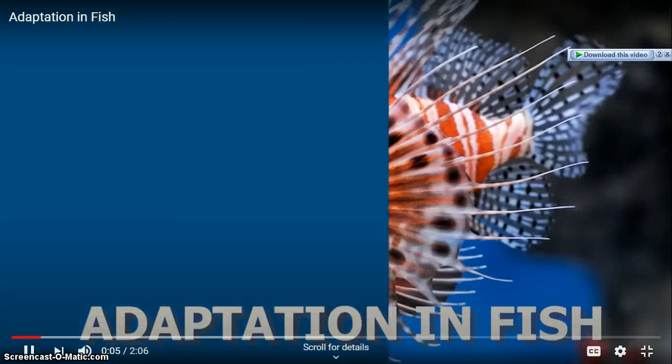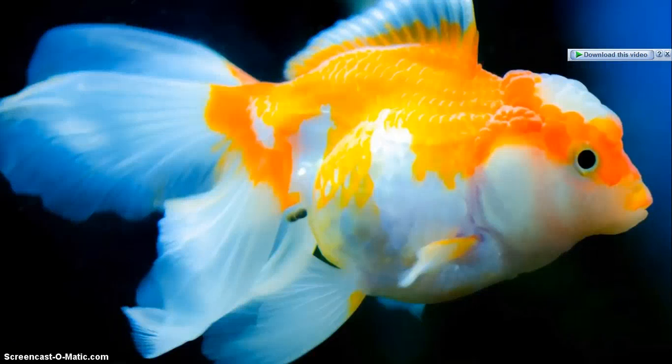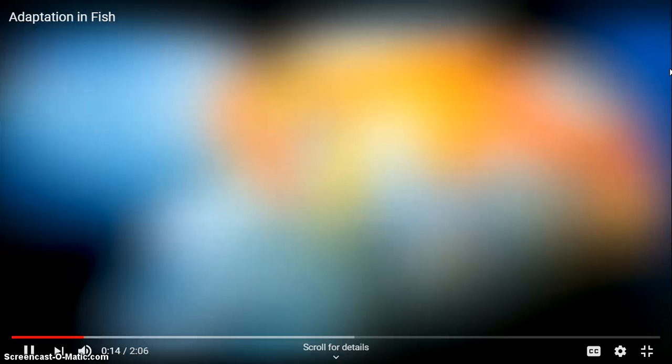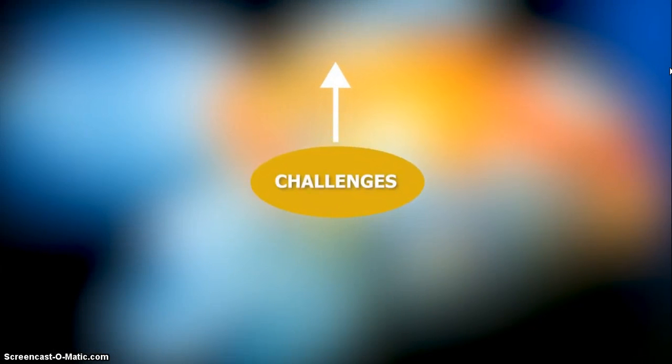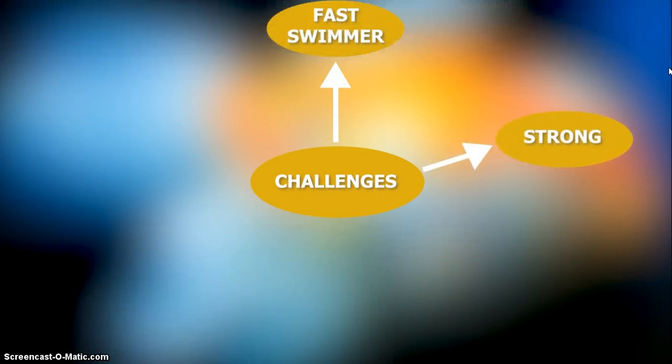Living underwater requires animals to develop certain new traits and modify some body parts. An organism faces the following challenges while living underwater. The organisms should swim faster as there is always danger of predators. While swimming, there is always resistance from water, so organisms should be strong.